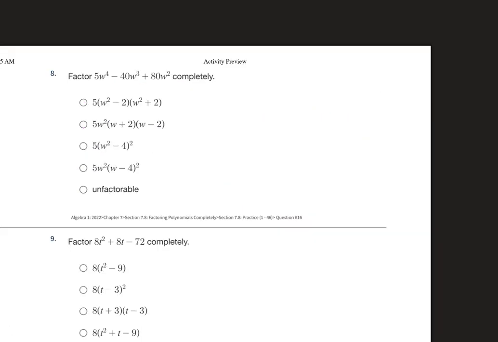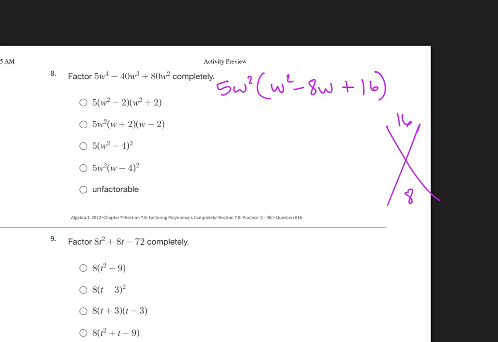It is this one. They've all got a 5w squared in common, so w squared minus 8w plus, let's see, 80, that is 16, I believe. And can that factor? Let's see, 16 and 8. 16 has got to be 4 and 4, right?